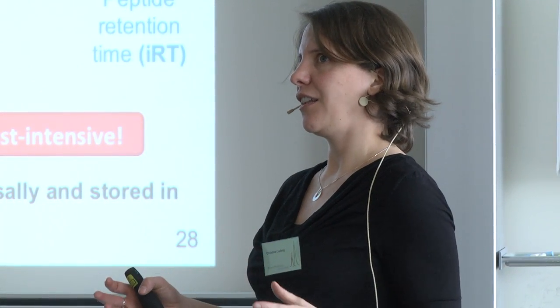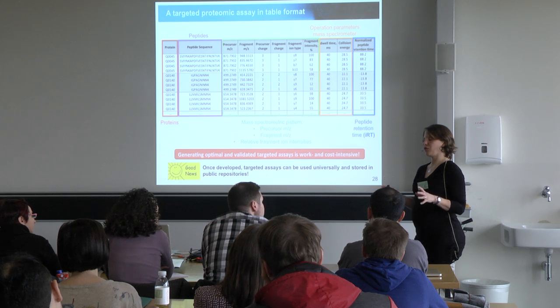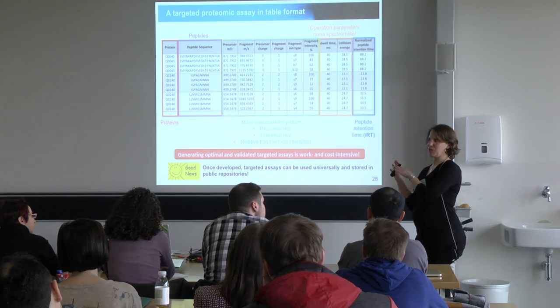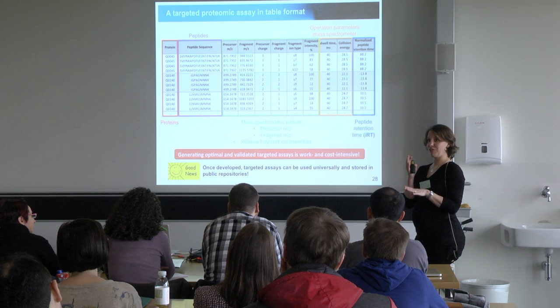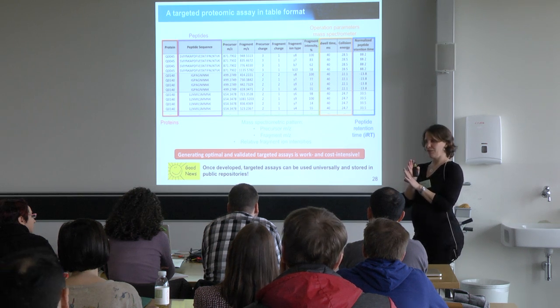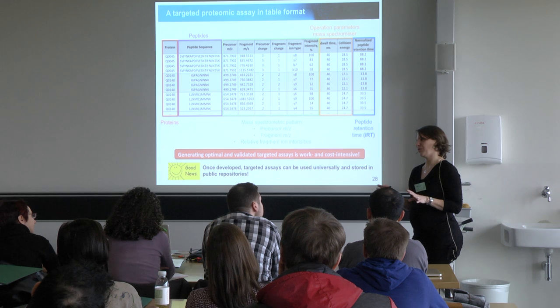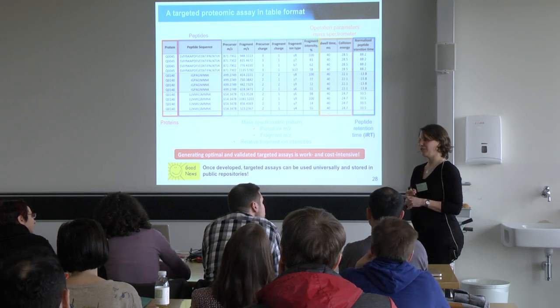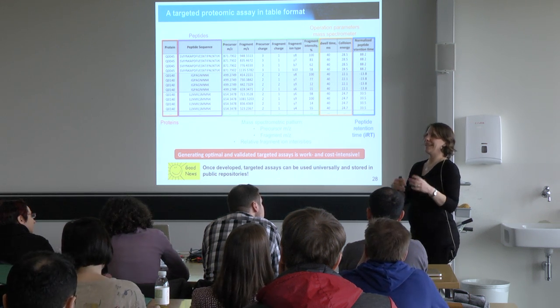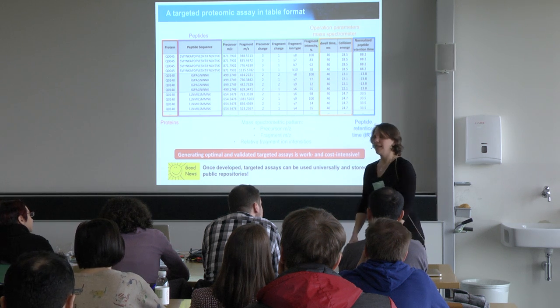So what's definitely very helpful is to have several transitions for identification, because that's what we will see soon. It is also an issue of really identifying your peptide, and if you have just a single transition, it's almost impossible to very confidently identify your peptides, unless it's a very high abundant peptide.